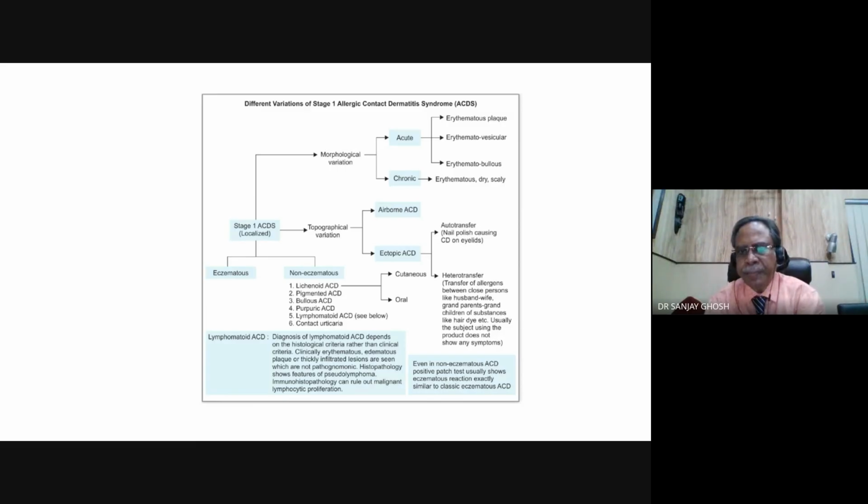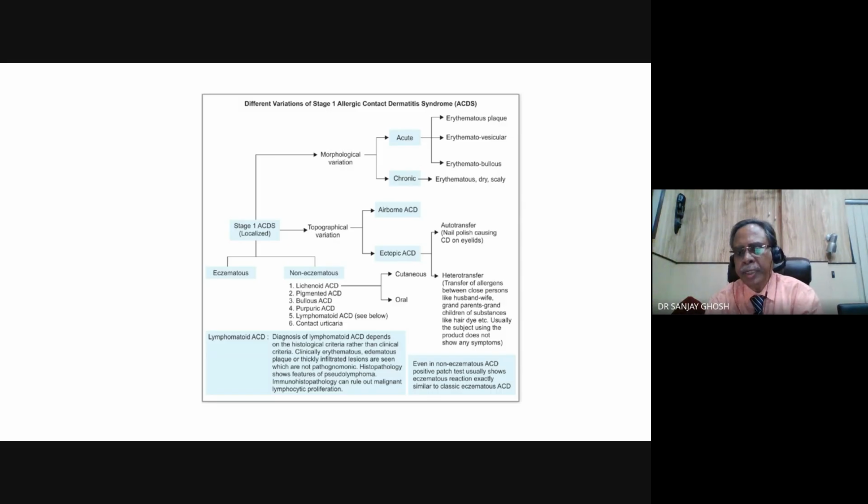And ectopic means the patient himself can auto-transfer the allergen, like one lady using nail polish on the nail can affect her eyelids. So nail polish can be a cause of allergic contact dermatitis of the eyelid. So this is auto-transfer. Heterotransfer: say one person is using hair dye, his wife could be affected.